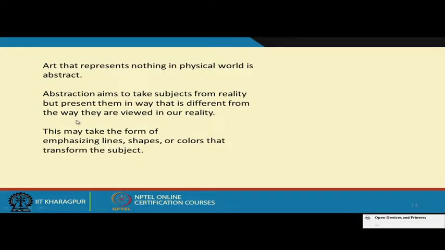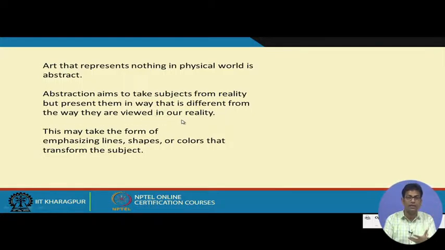You are moving away from the real object and its representation, and you are trying to represent that by a different mode. So, what it essentially says is abstraction aims to take subjects from reality, but present them in a way that is different from the way they are viewed in our reality.